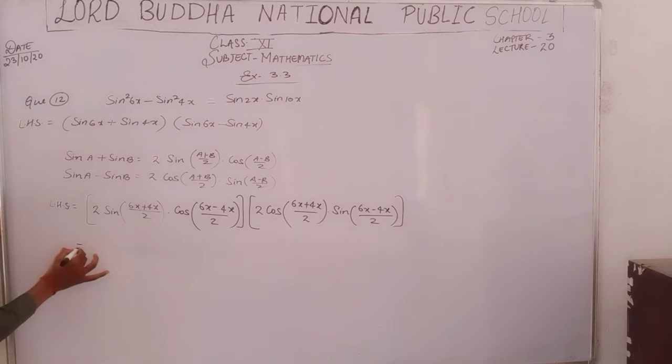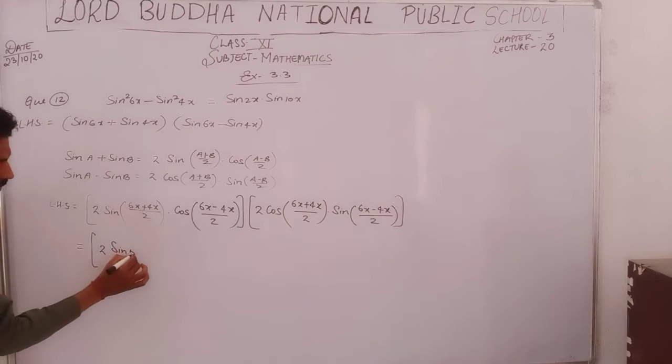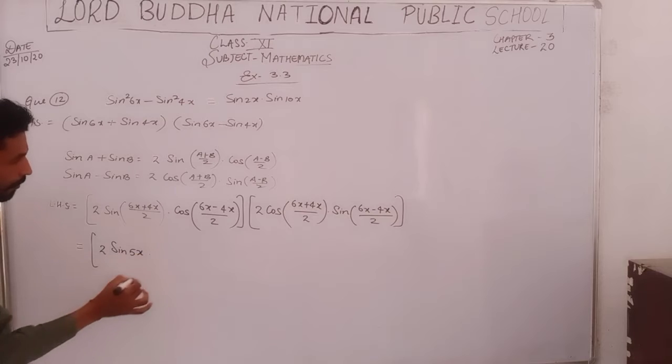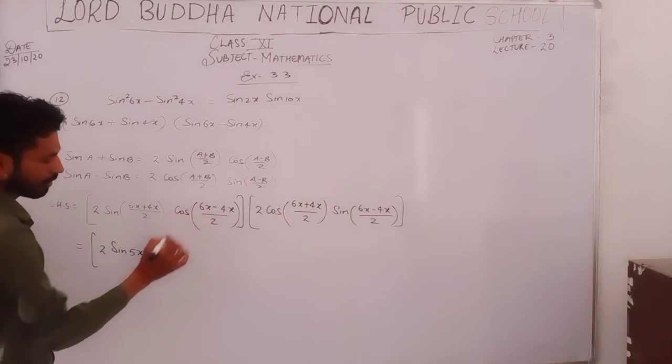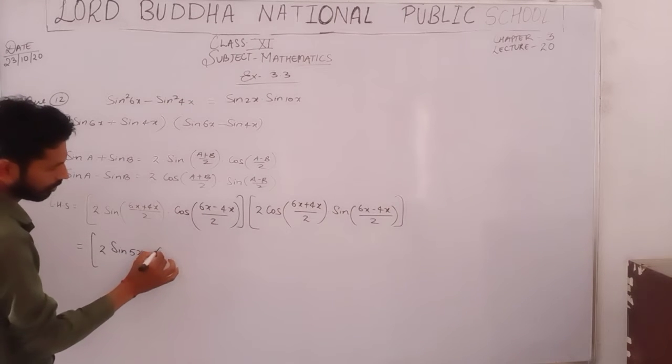Now that will be 2 sin 10x divided by 2, that will be 5x, into cos 2x divided by 2, that's equal to cos x.